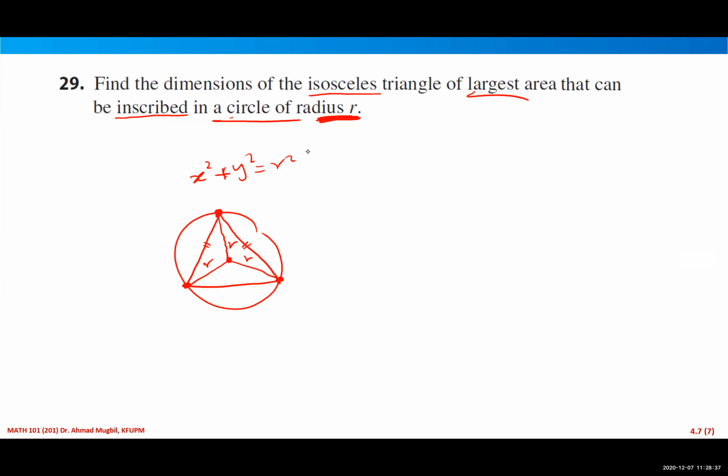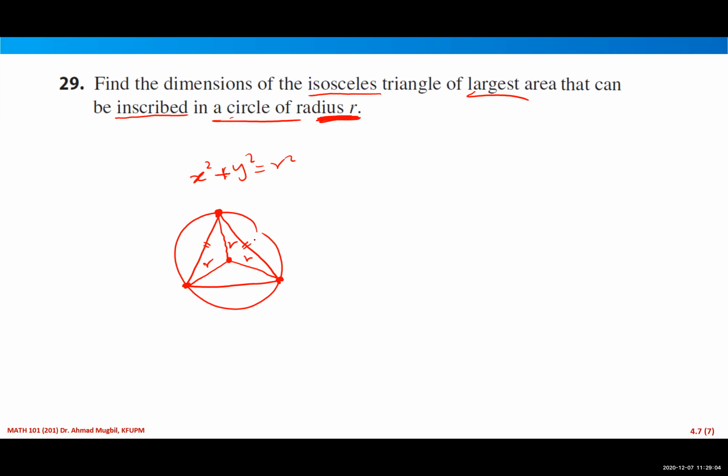Since r here is a constant, what will be the variable? It is the coordinates of the points of the triangle, maybe. It is a variable, but of course we need to benefit from the sides of the triangle itself.